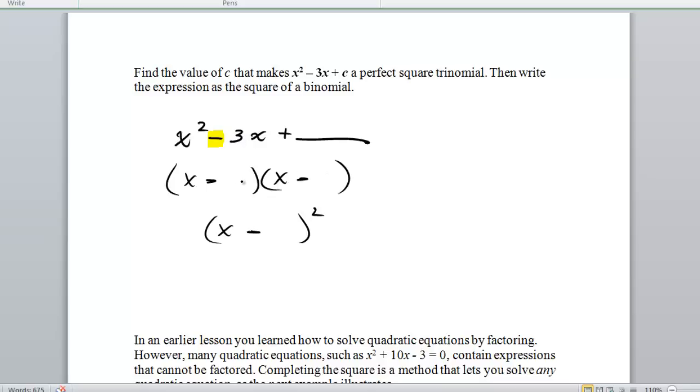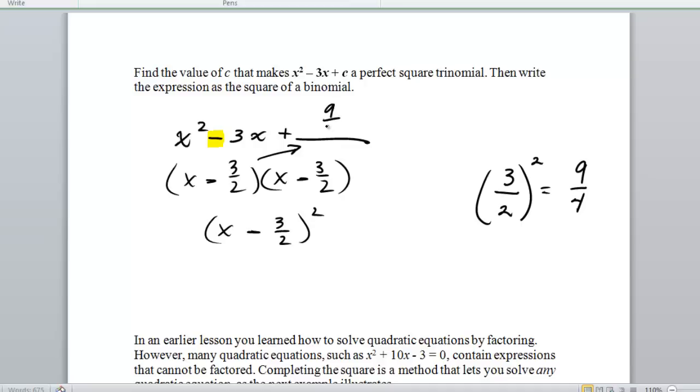Two numbers that add together give us 3, and so in this case we're going to have a decimal or a fraction, so this is our b value over 2, which is this value. But in order to get that perfect square trinomial, we need to square this. And so that's going to equal 9 over 4. So 9 over 4 is the c value that makes this a perfect square trinomial.